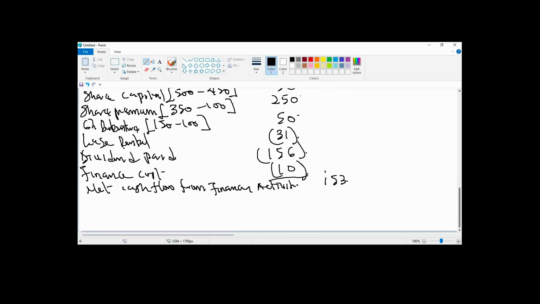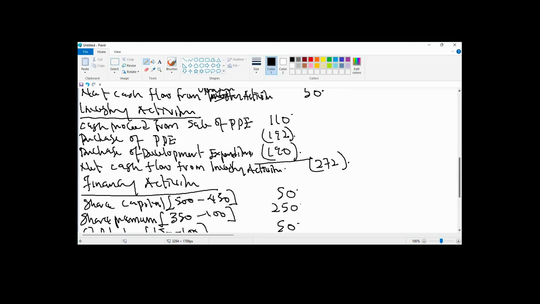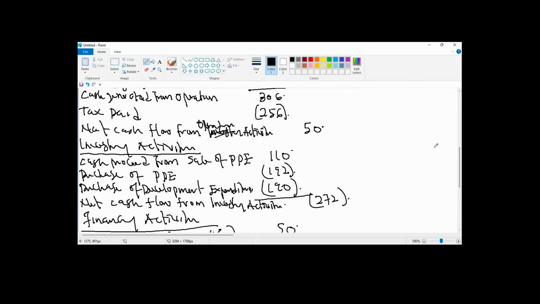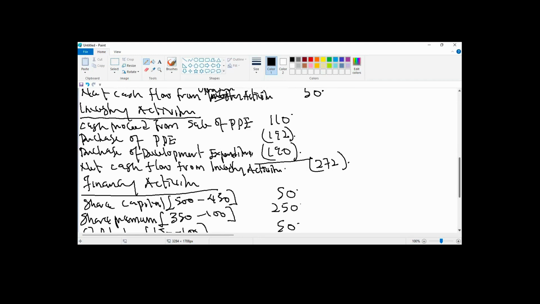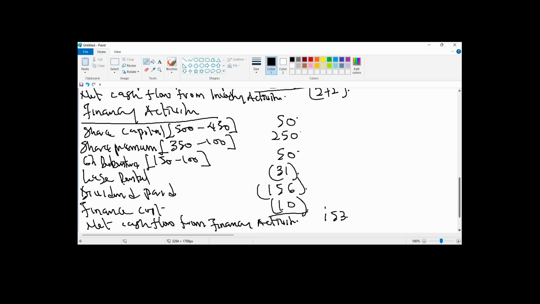I've now added the net of operating plus net of investing plus the net of financing. What does it give us? Minus 69.